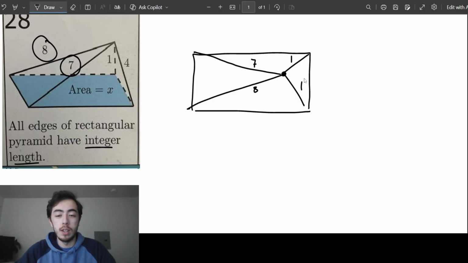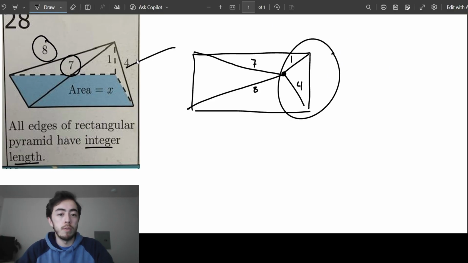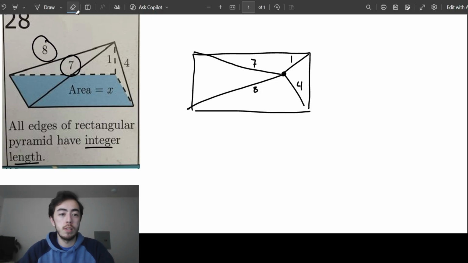So that being said, now we just need to use the triangle inequality theorem here, and then we can solve the problem pretty quickly. The idea is that this face on the right side is a triangle. And I know that it's not perfectly top down in real life, right? We would be viewing this triangle from the right side, but it still is a triangle. It still has a length of 1, and then I guess 4 would be here, and then this base is the length that we don't know down here.